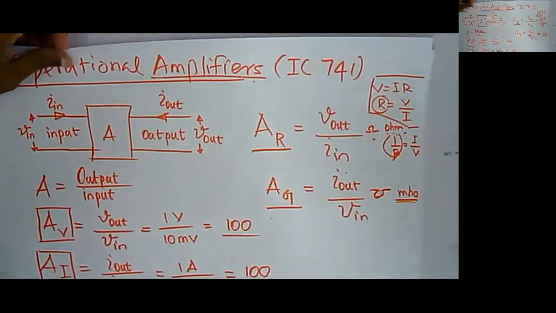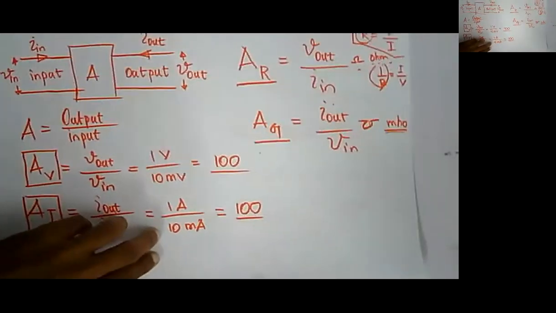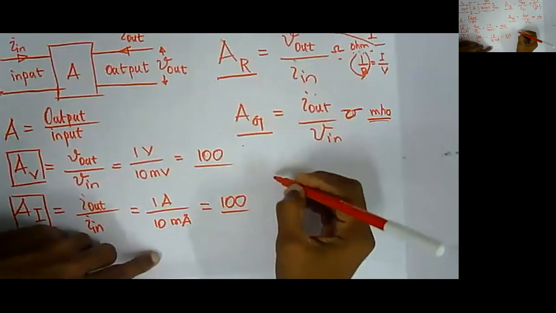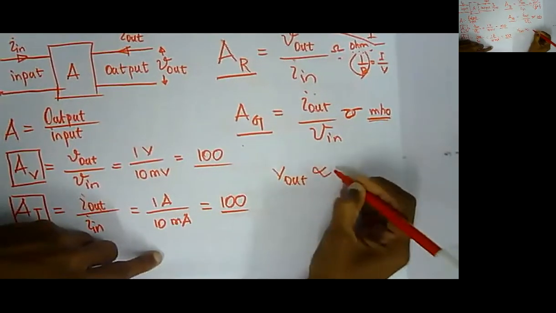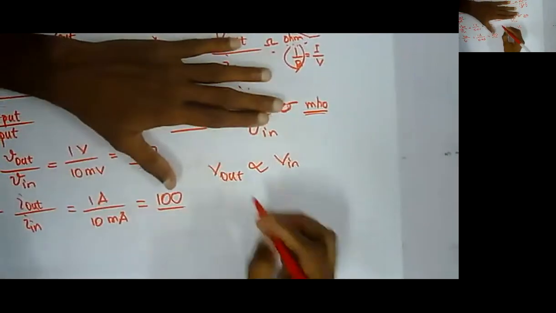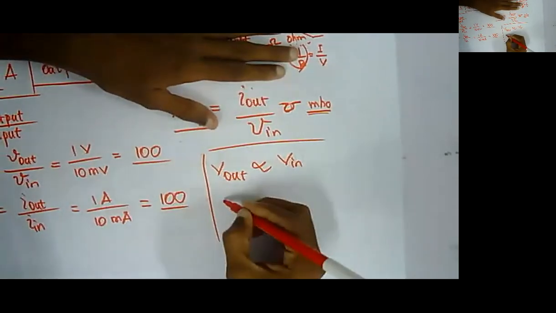So we have 4 different types of amplifiers, and now we'll see about operational amplifiers. Oh, sorry, I forgot to mention that. In these simple amplifiers, V out is directly proportional to V in.